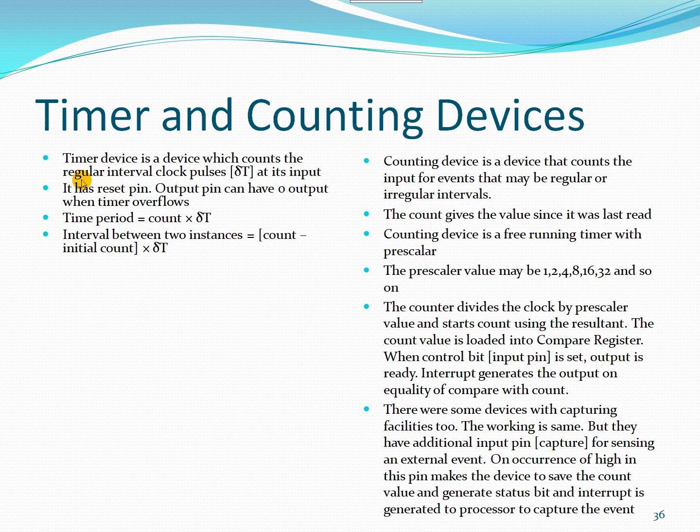It has a reset pin. On the overflow, in order to have the timer restart, we will be needing that reset pin, and the output pin can have zero output when the timer overflows.